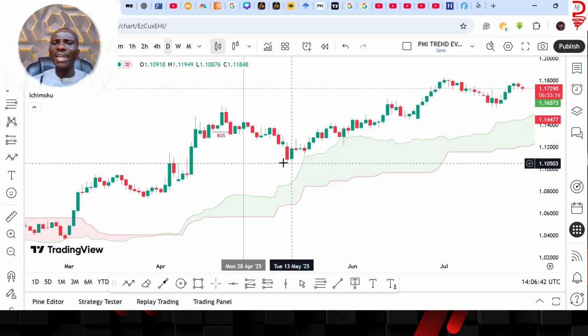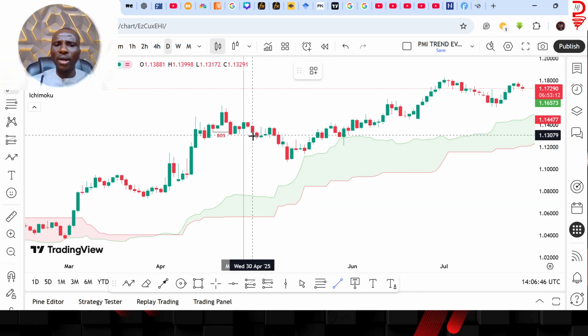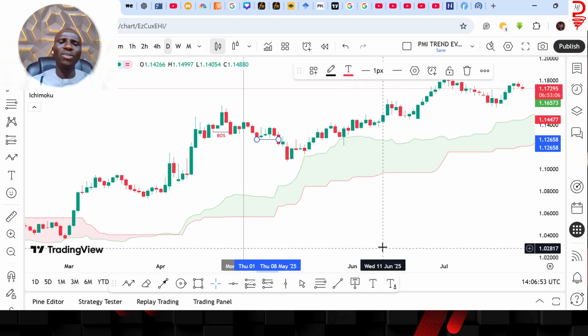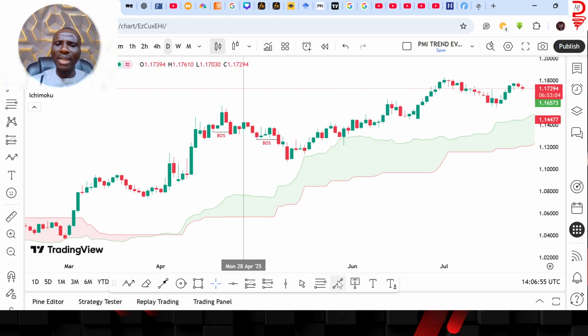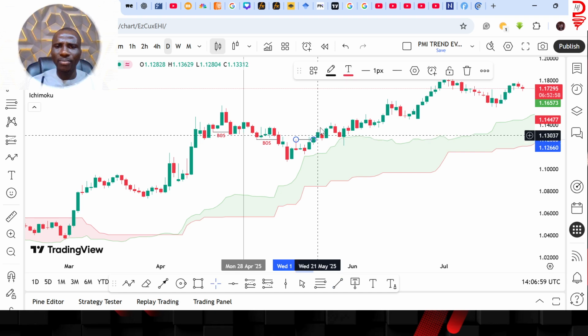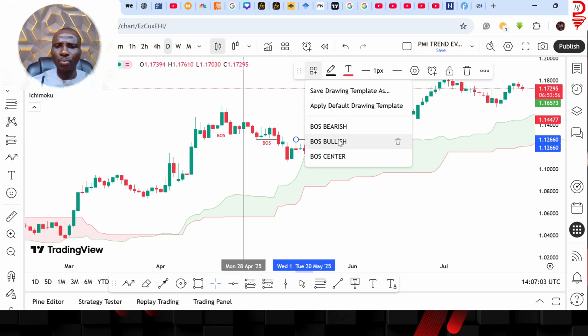So you will not do anything until you have a clear break of structure bullish. You still have a break of structure around this place. You see it now. This is how you trade. Now, we got a break of structure to the upside around this place. You see it now. This is break of structure bullish.